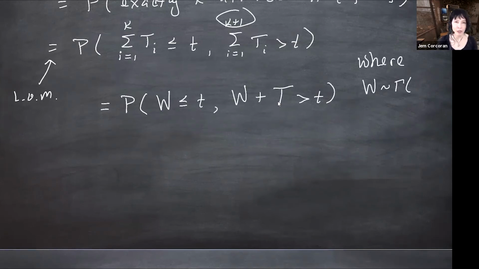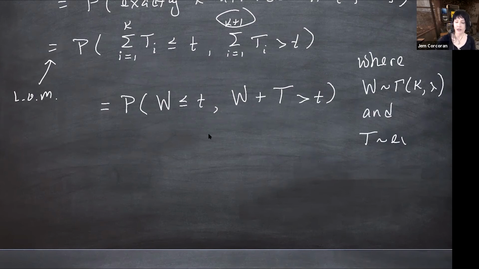So remember, when you add exponentials, the first parameter of the gamma is the number of things you added together. So in this case, k, and the second parameter matches that of the exponential. And T is exponential with rate lambda.